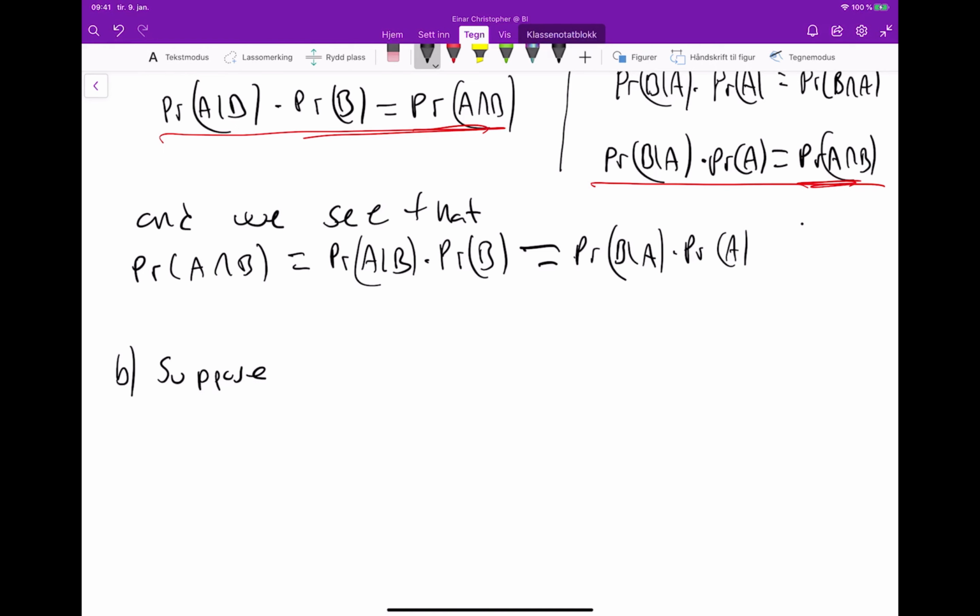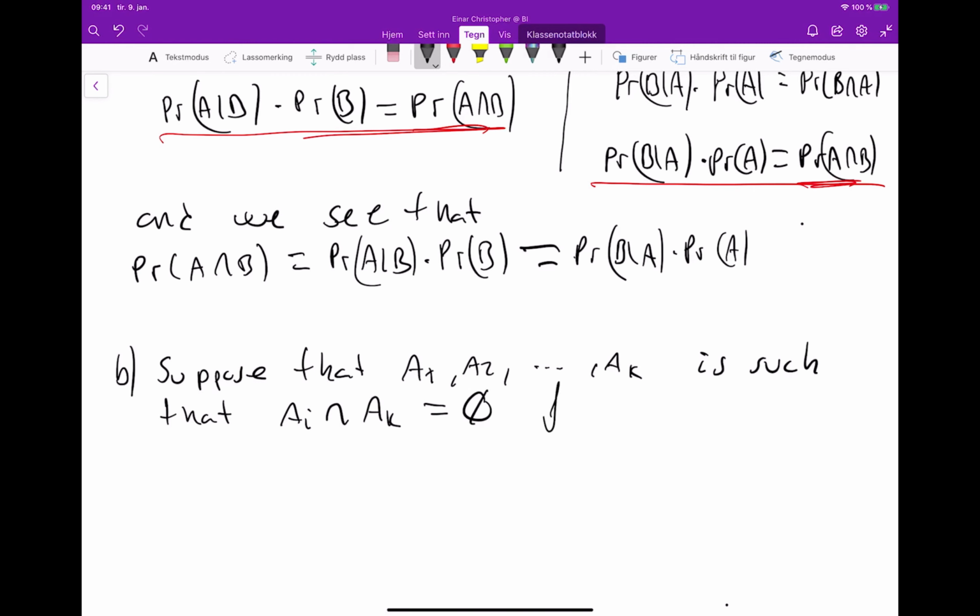So suppose that A1, A2, ..., AK is such that Ai and Aj is empty for all j not equal i, and that A1 plus A2 plus ... plus AK is equal to omega.